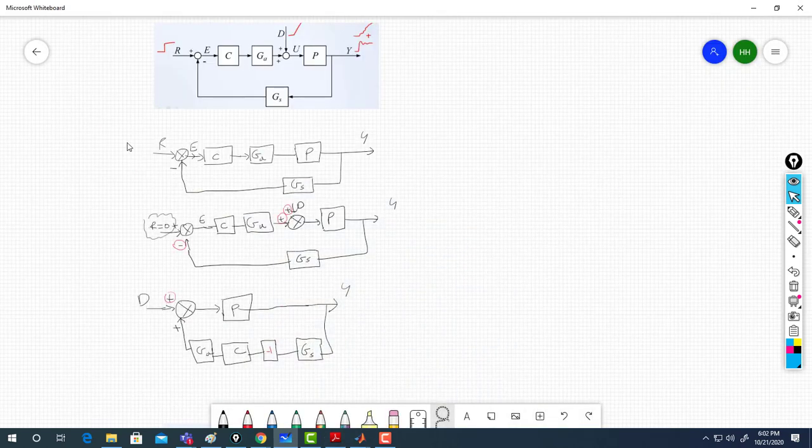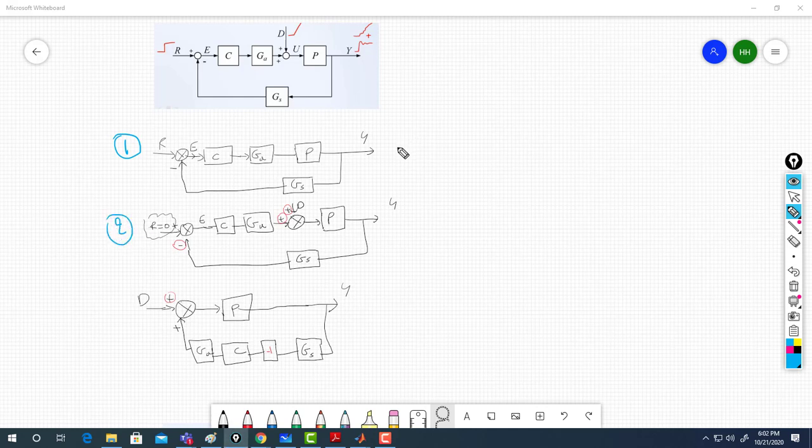What it means is like this: my system, the first time I'm taking d equals 0, and the second time I'm taking r equals 0.